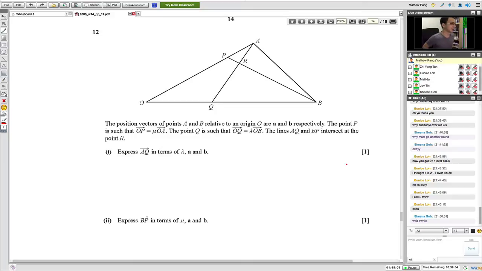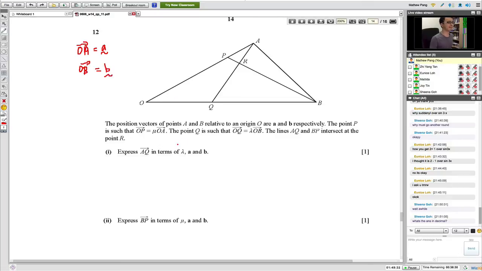The position vector of the points A and B relative to the origin is a and b. While waiting for Sheena, maybe we can start to do a bit. Relate the position vector of A, so you must write OA is a, so you write a. And OB is b, so you write the b here.